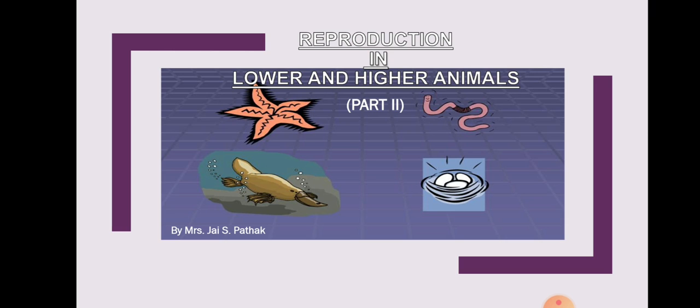After completing this study of reproductive organs, we are moving on to the second part of this chapter, in which we are going to talk about the sexual maturity or puberty of human males and females.